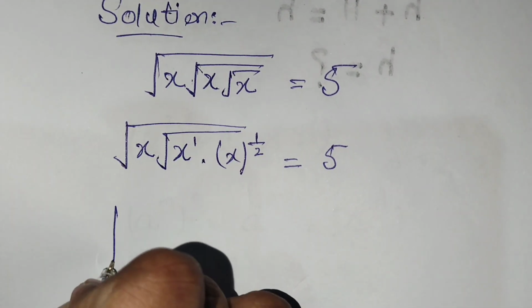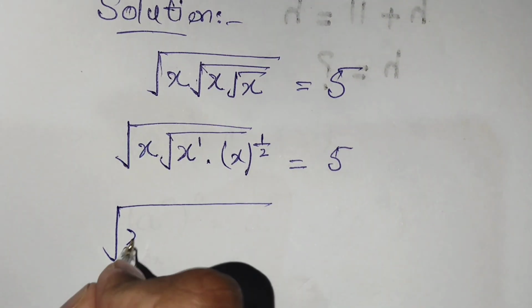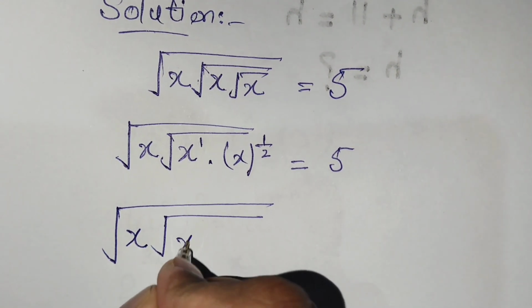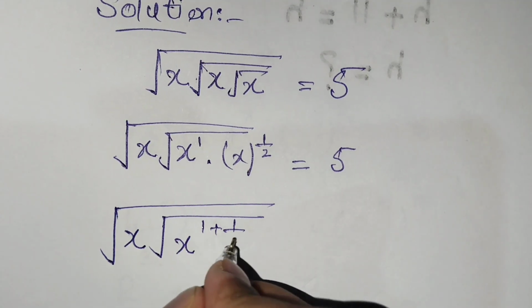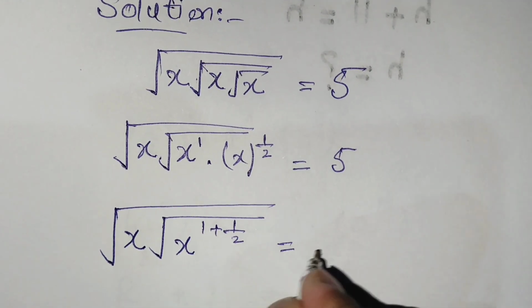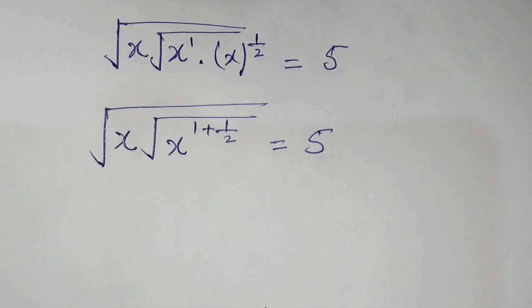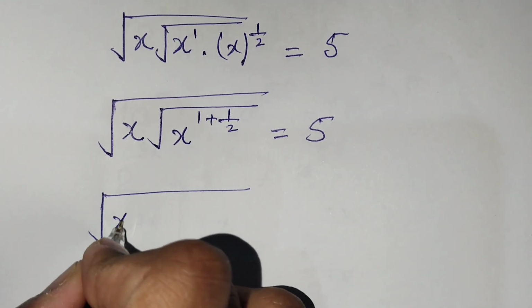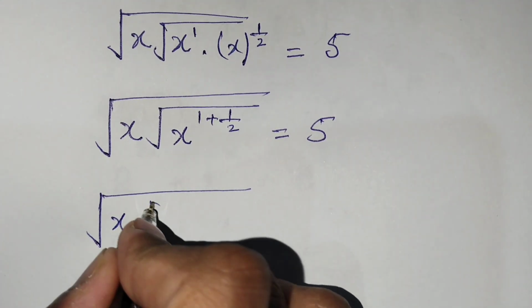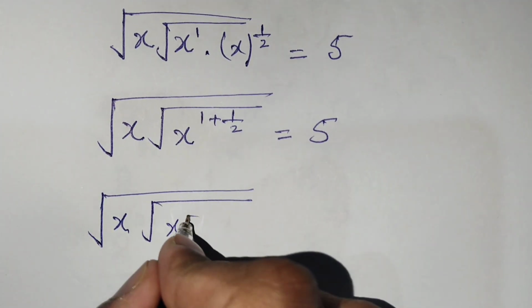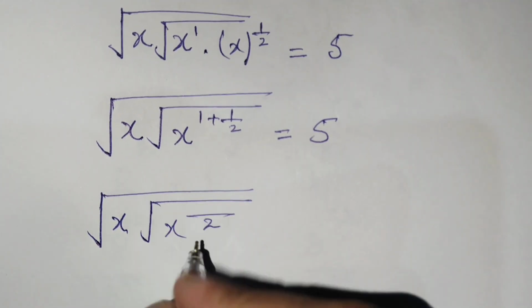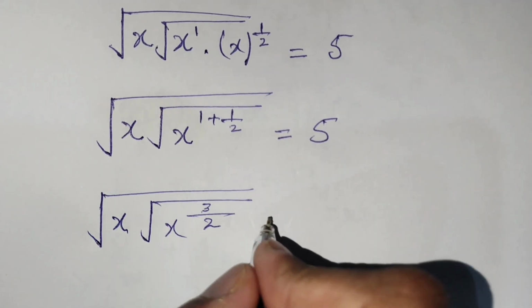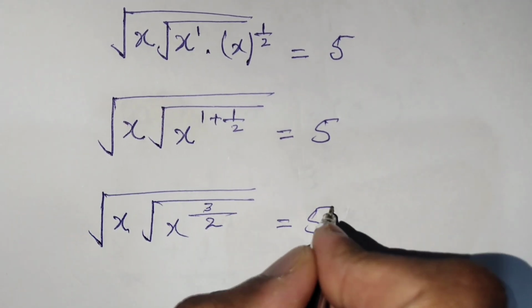So we have square root of x power 1 plus 1 by 2 is equal to 5, and taking the LCM of 2, the 2 plus 1, 3 by 2 is equal to 5.